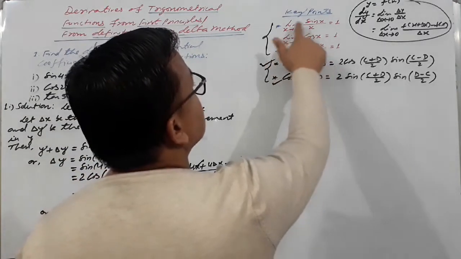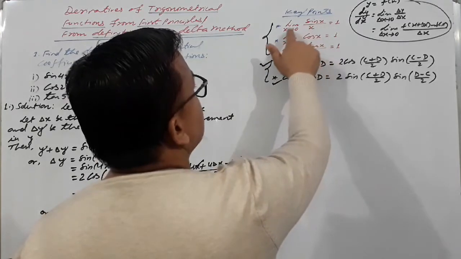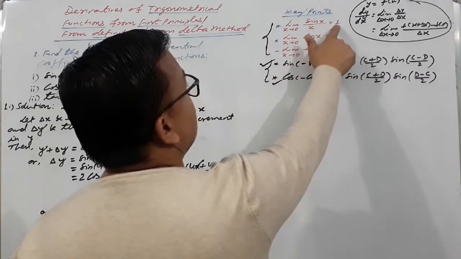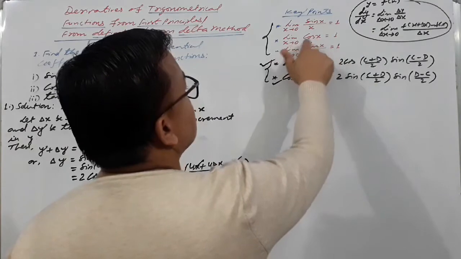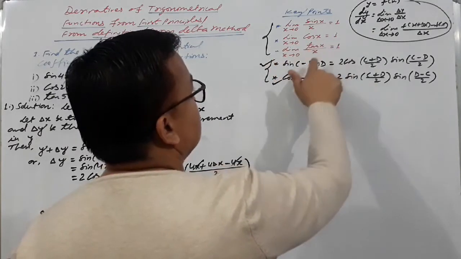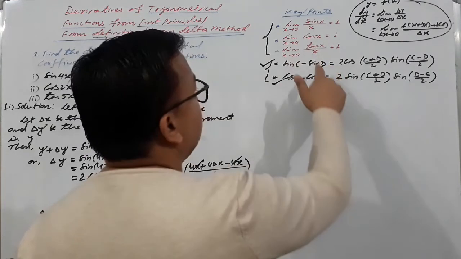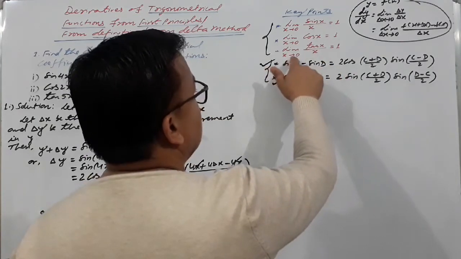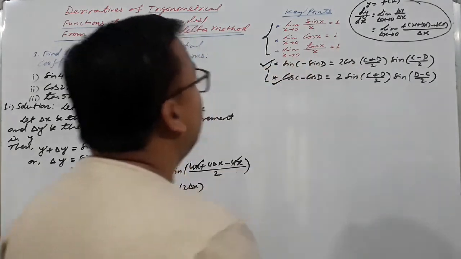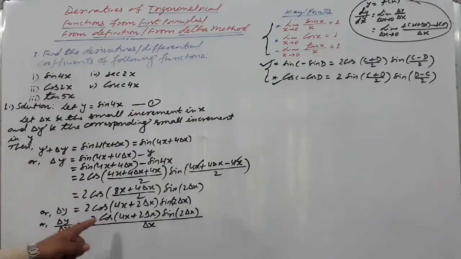these are the key points. Limit of sine x upon x as x tends to 0 is equal to 1. Limit of cos x as x tends to 0 equals 1. And limit of tan x upon x as x tends to 0 equals 1. Here we have cos, so no problem.